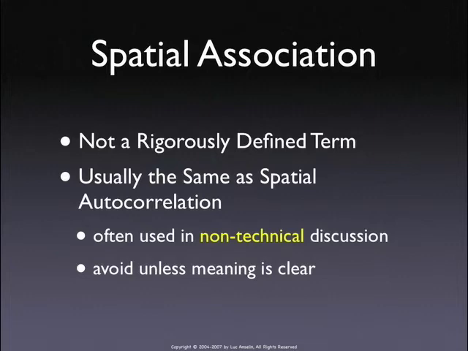It's not a rigorous term. It's often used in non-technical discussions or where you purposely do not want to be specific about whether it pertains to the distribution, the full distribution, or just to a characteristic, a moment of that distribution. So spatial dependence, spatial autocorrelation, spatial association will focus on the autocorrelation.